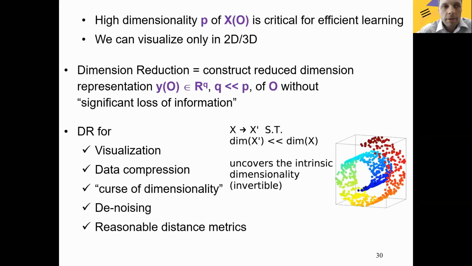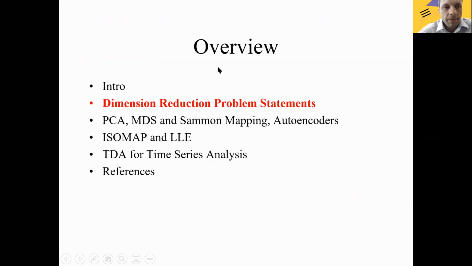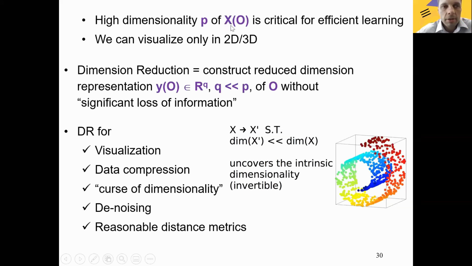So in dimension reduction, mainly we would like to represent a high-dimensional object X by some lower dimensional object description Y, the dimension of which is significantly smaller than the dimension of object X, in such a way that we keep important information about the object X. So if we reduce dimension, we would like to keep as much information as possible about the initial object.